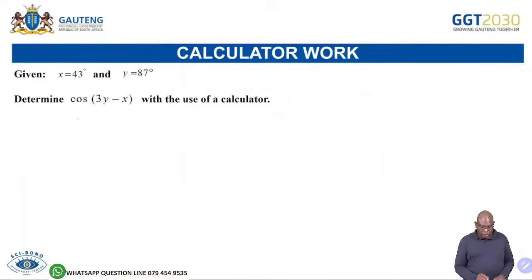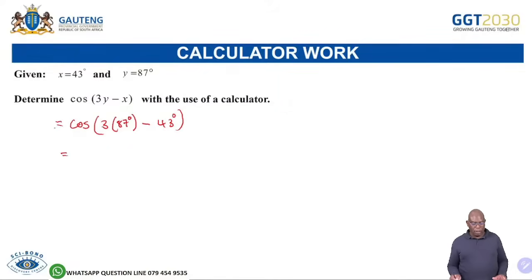In this case, this one was quite easy and straightforward. Cos 3y minus x, where y is given as 87 degrees and x is given as 43 degrees. Then I just use a calculator as it is.